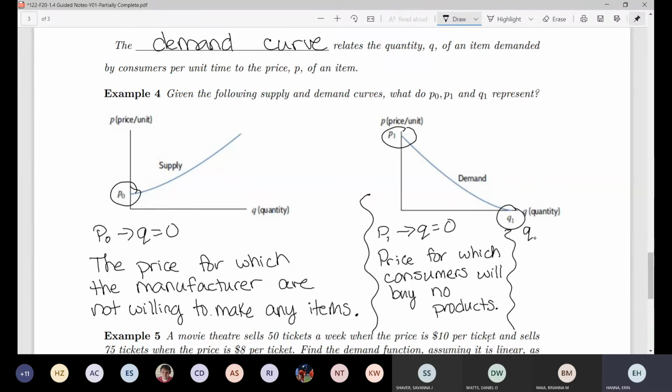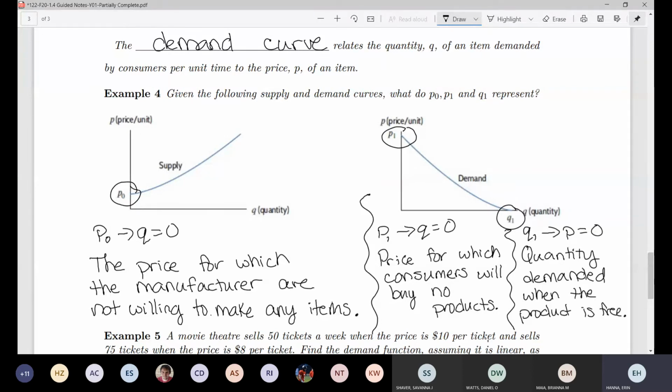So then what about this Q sub 1? Well, this is when your price is 0, right? Because that's the x-intercept, if you will. Now this might not make logical sense if you think about it, but it also kind of does. This is saying that's how many you're going to sell if it's free. So maybe some people don't want it anyway. But that's going to be the quantity, I'm going to say demanded instead of sold, when the product is free.